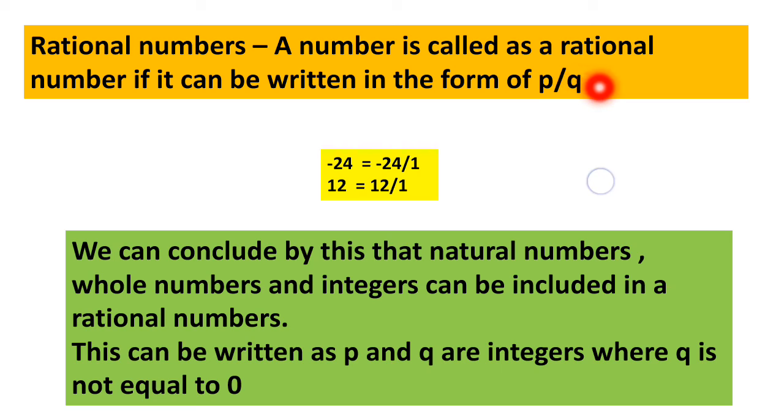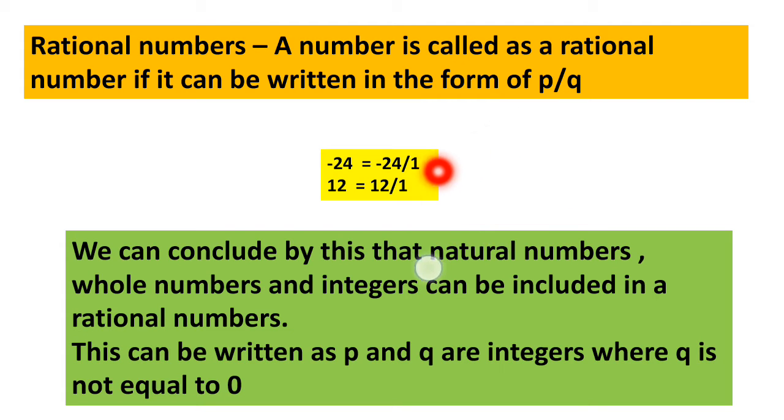Next, we'll see what is a rational number. A rational number is called a rational number if it can be written in the form of P by Q, that means in the form of a fraction. So, minus 24, can we write in the form of fraction? Yes, of course. Minus 24 also can be written as minus 24 by 1. And 12 can also be written as 12 by 1.